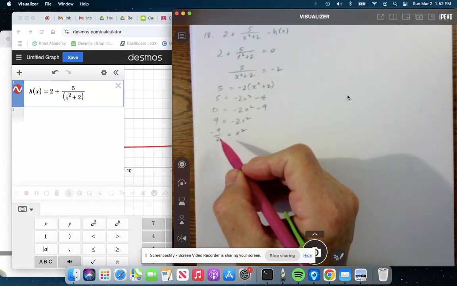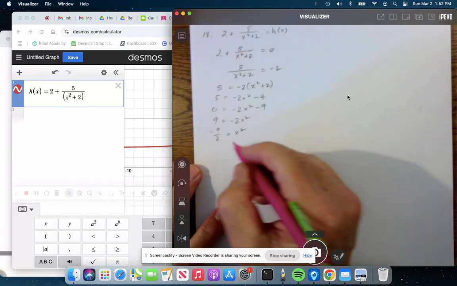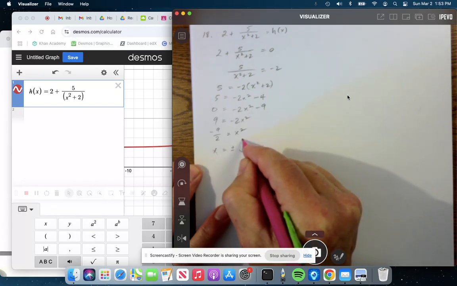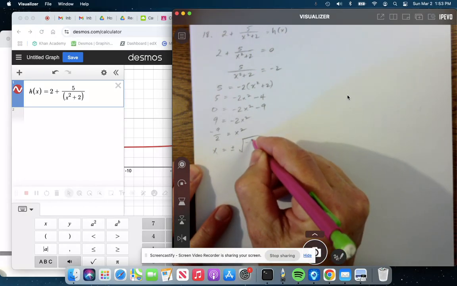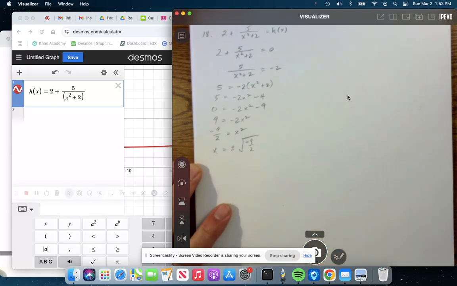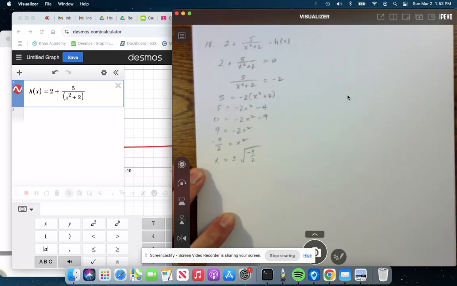So that tells me the only zeros are imaginary zeros. x would equal plus or minus the square root of negative 9 over 2, and with that negative under there, that's an imaginary number. So there are no real zeros.